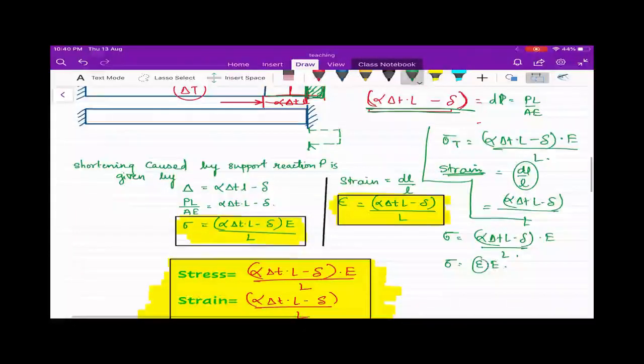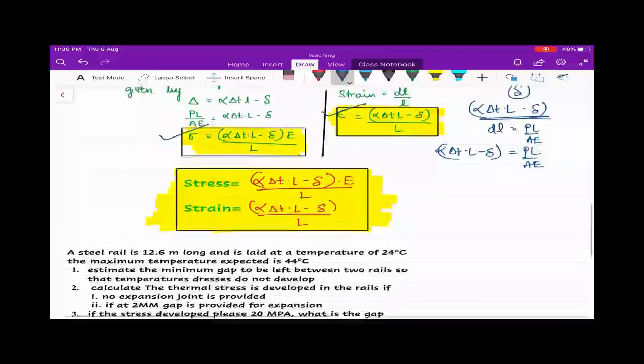So this strain is nothing but this value: alpha delta T into L minus delta by L. So in the partially restricted condition, both stress and strain will be there.